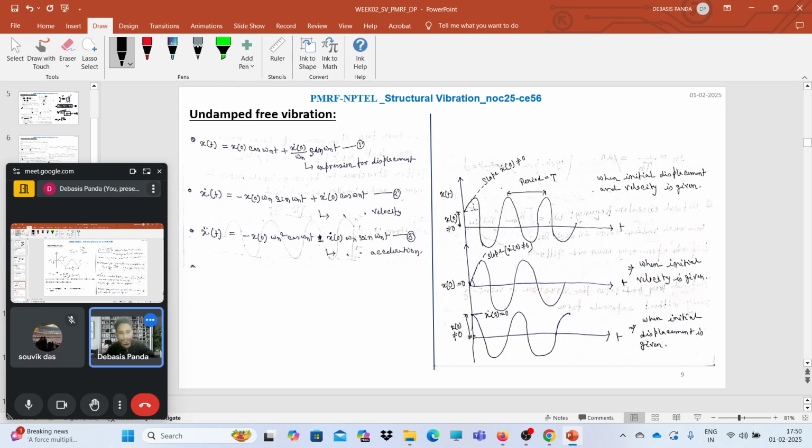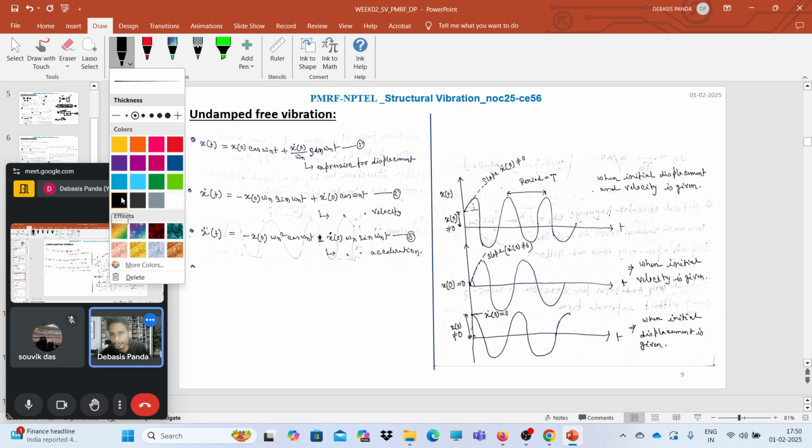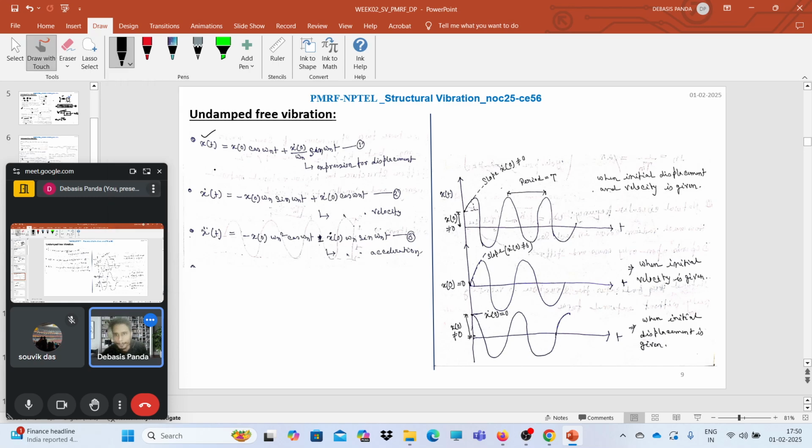For an undamped free vibration case, we have found the expressions for the displacement, velocity, and acceleration. Here we can see three cases. In the first case, we provide some initial displacement x naught and some initial velocity, and leave it to vibrate.